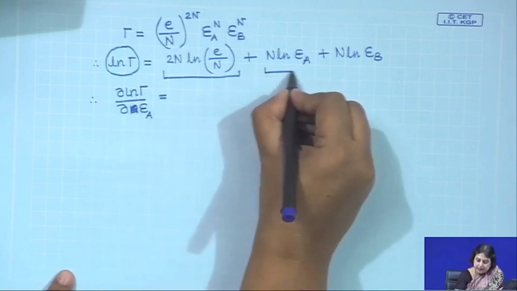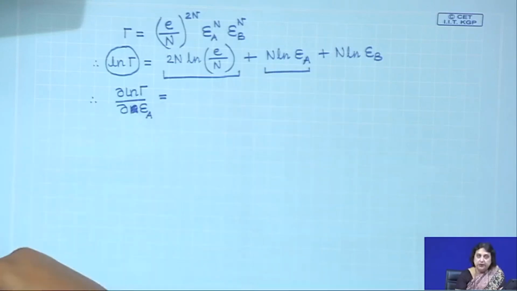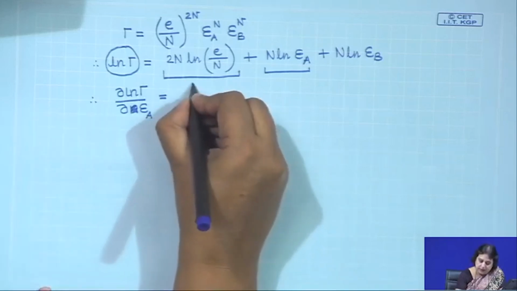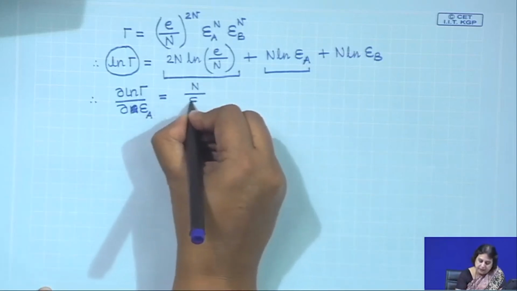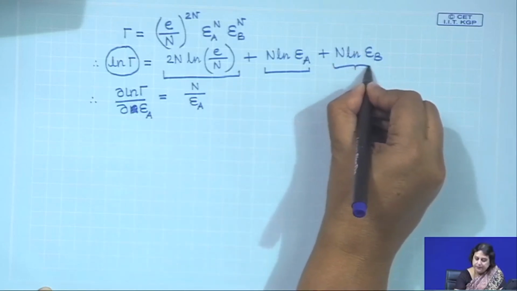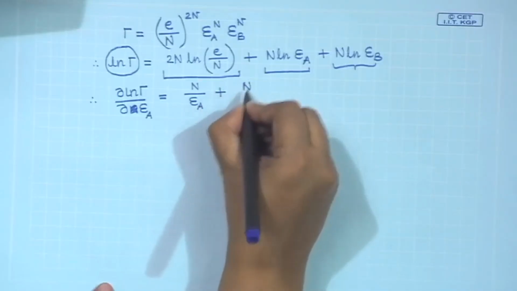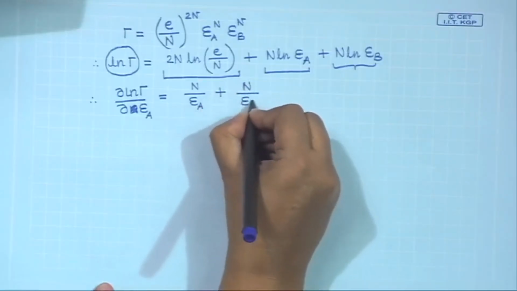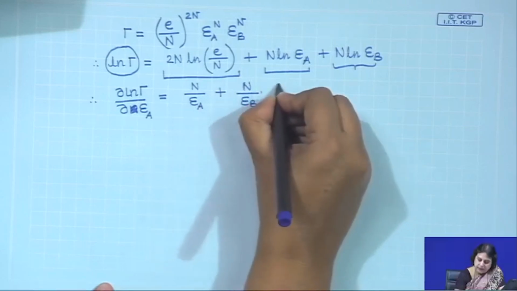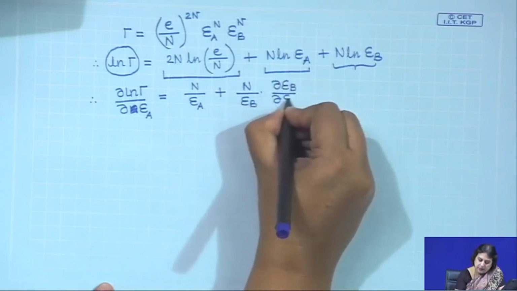Now, look at this term. When a derivative is taken with respect to epsilon A, it will give me capital N by epsilon A. Now, what about this term? When I take a derivative with respect to epsilon A, I am left with capital N by epsilon B into del epsilon B by del epsilon A.